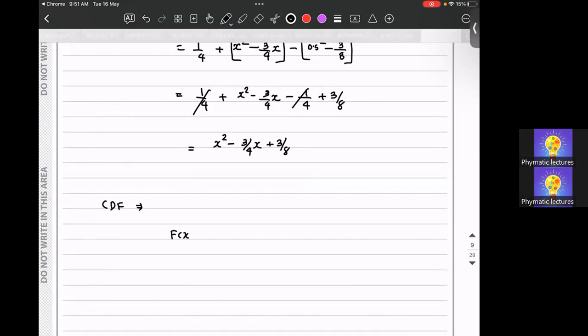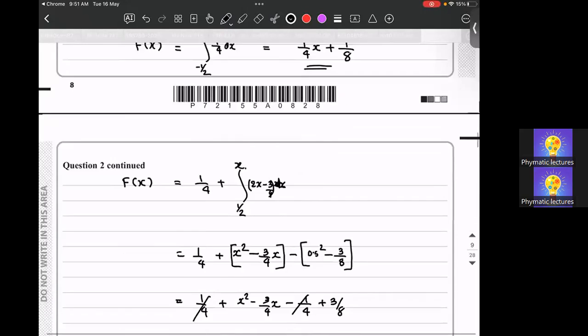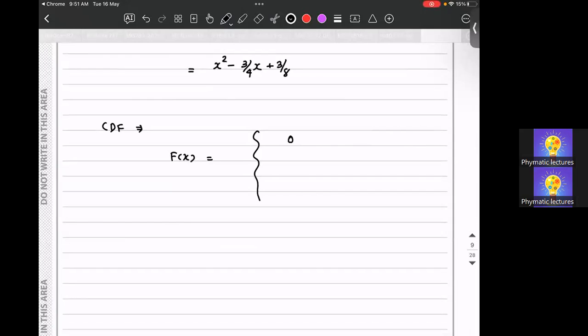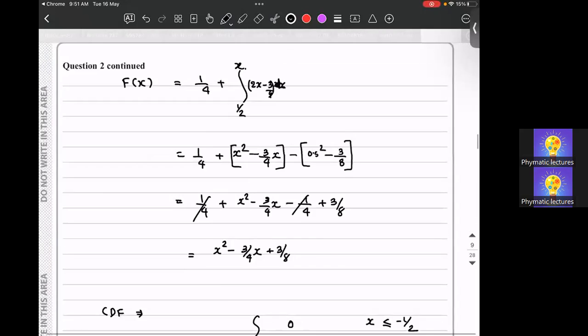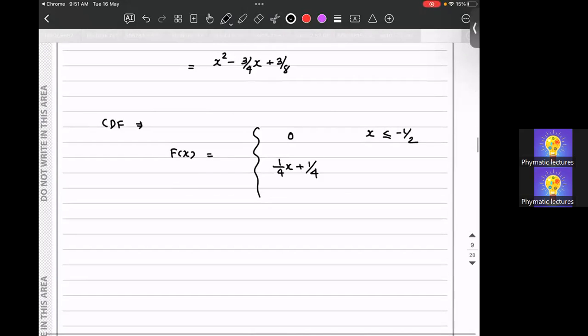That is capital F of x is equal to 0 whatever be the value of x less than or equal to minus 1 by 2. Then next is 1 by 4x plus 1 by 8 when it is between minus 1 by 2 to plus 1 by 2.